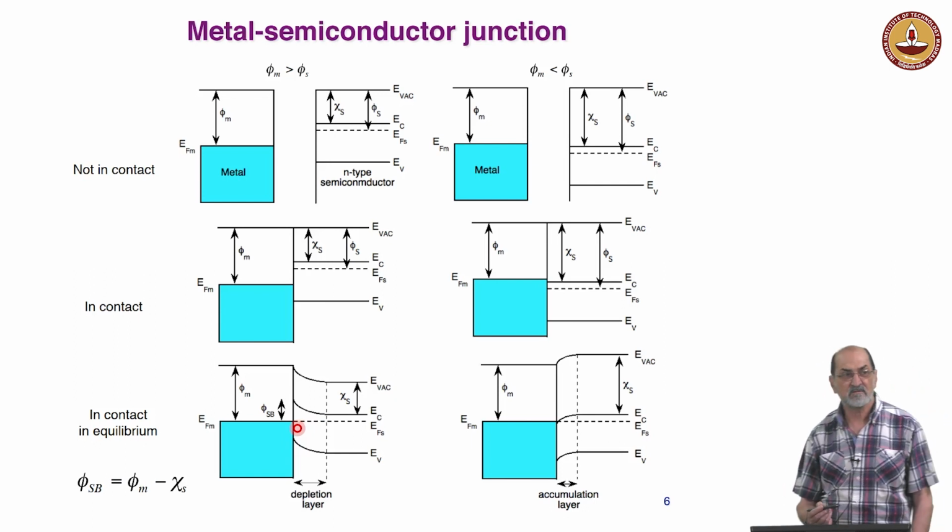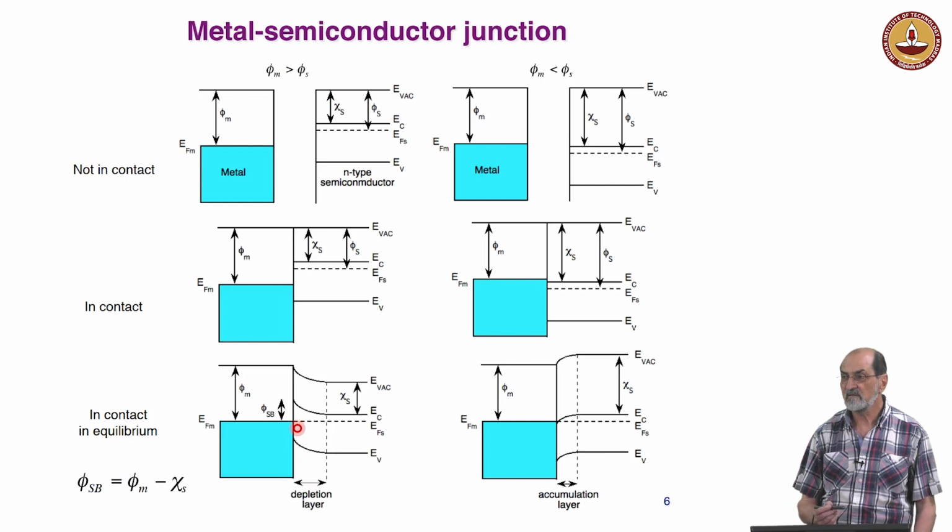But we have charge, the charge due to the dopants. If we are dealing with an N-type semiconductor, those dopants are positive. So we have positive charge here and the negative charge at the interface.